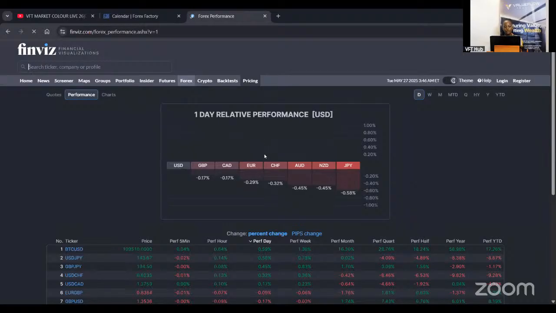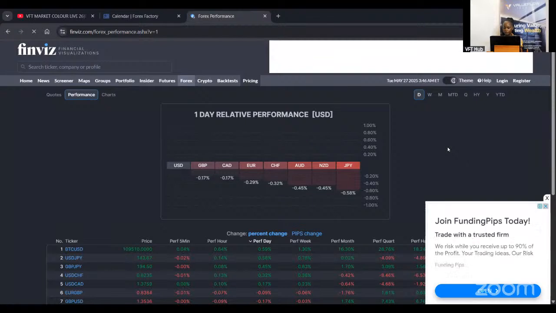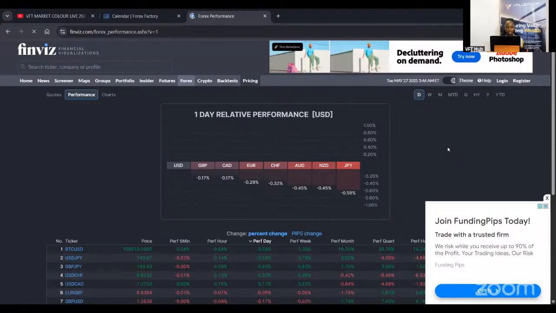Okay, so Forex performance on the daily time frame. We're just going to wait for that to load up so that we have real-time data. Okay, perfect.